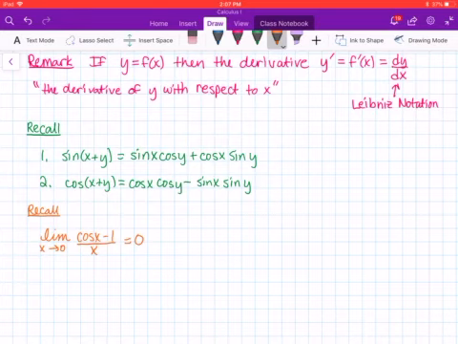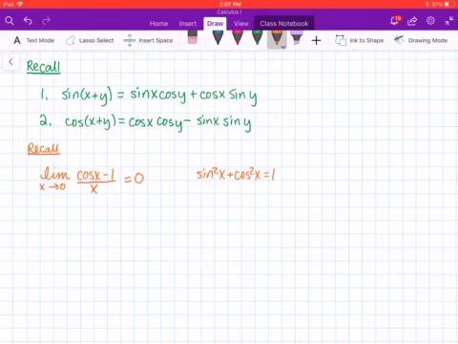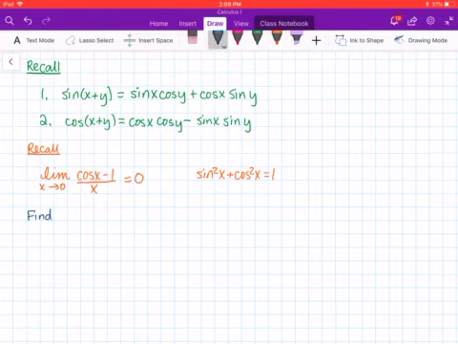So you multiply by the conjugate of the top and then use the property sine squared x plus cosine squared x equals 1. And then once you do all the substitutions and evaluate the limit, you get 0. So let's just believe that that's true for now. And now we're going to find the derivative of sine x.